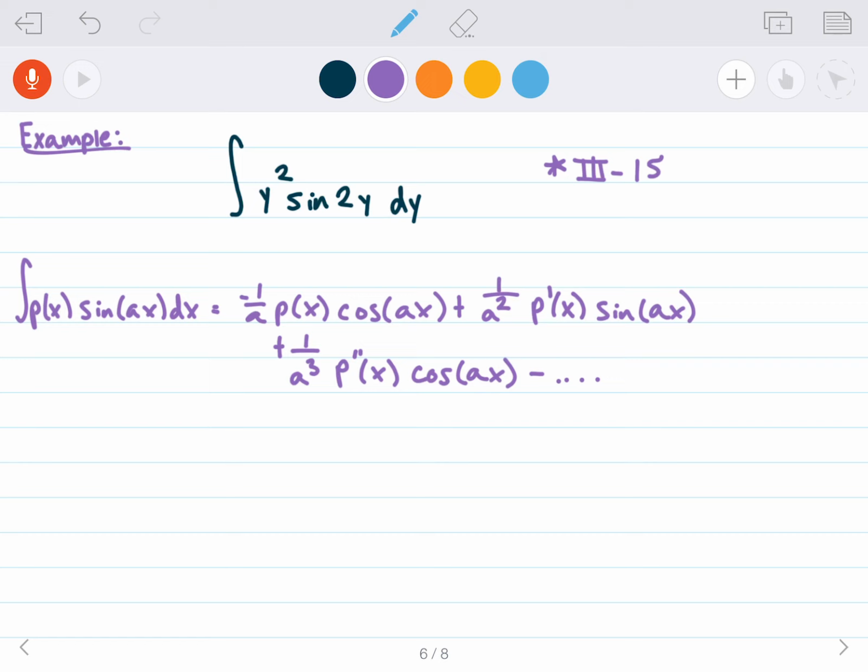Okay, so the pattern is minus, plus, plus, minus, minus, plus, plus, dot, dot, dot. So that's how the pattern continues on.